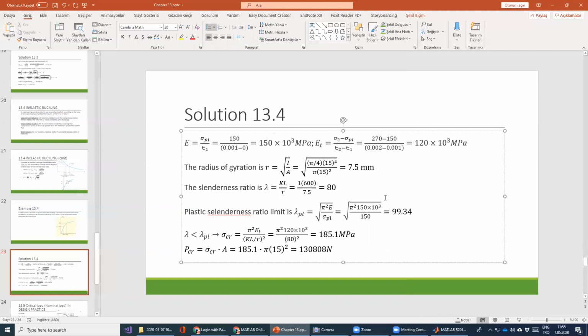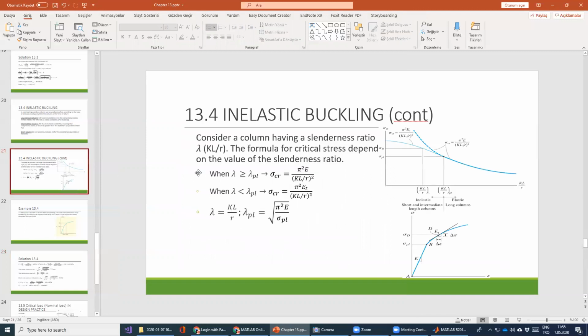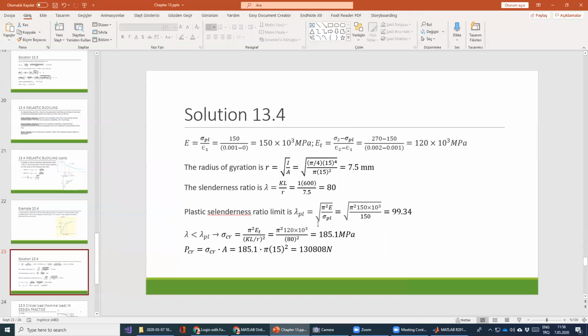So which case occurred, the first or second case? I think that lambda is smaller than lambda PL. Therefore, we will use sigma critical equal to pi square E over (KL over r) squared. After putting in the values, we obtain sigma critical is 185.1 megapascal.